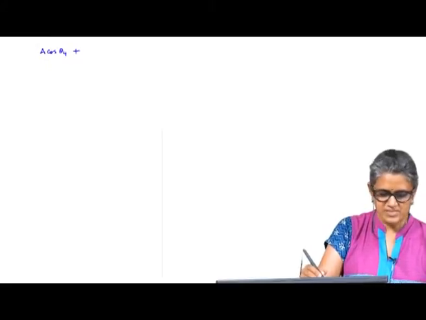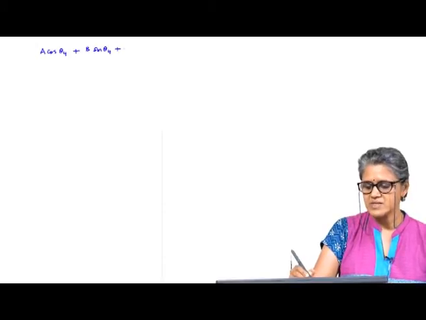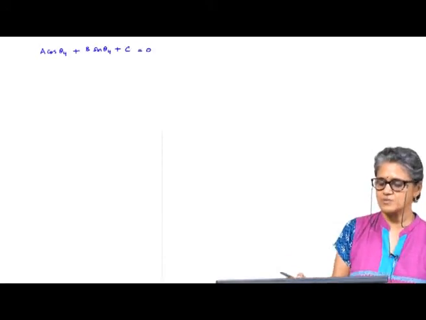So, for the 4 bar, we had the displacement equation in the form A cos theta 4 plus B sin theta 4 plus C equal to 0.